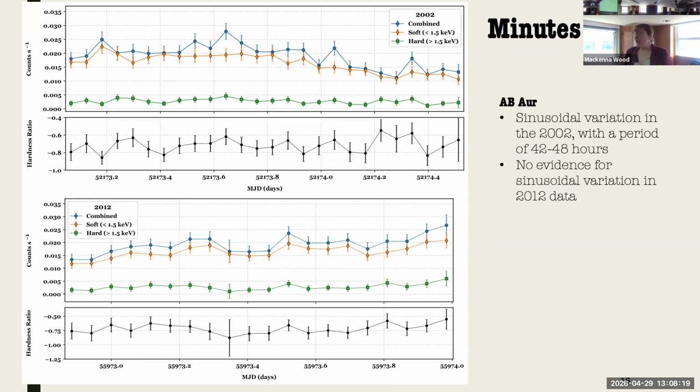And it's more or less steady over the period. There is a slight sinusoidal variation in that 2002 data. It has a period of about 42 hours. But there's not any evidence for that variation continuing in the later 2012 data. So here we see less variability over this minutes to hours timescale, but still a little bit.